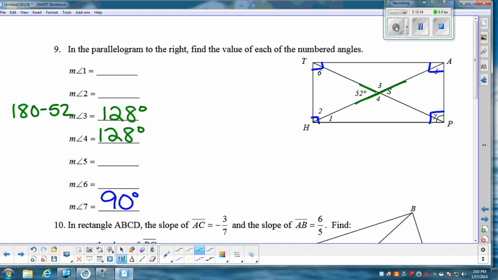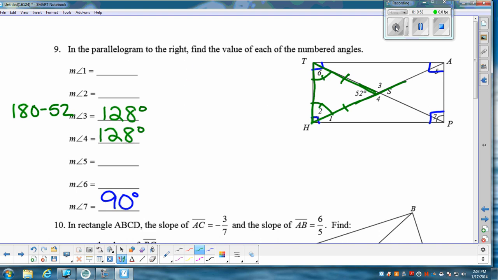Then, to figure out angle 2, we're going to look at this triangle right here. Since we have the rectangle, we know all of our pieces of our diagonals are congruent, which makes SHT an isosceles triangle, so we know that angle 2 and angle 6 have to be congruent.